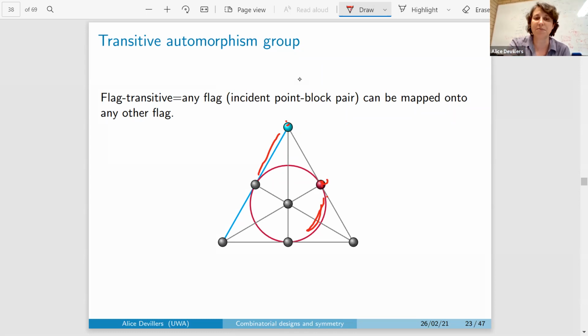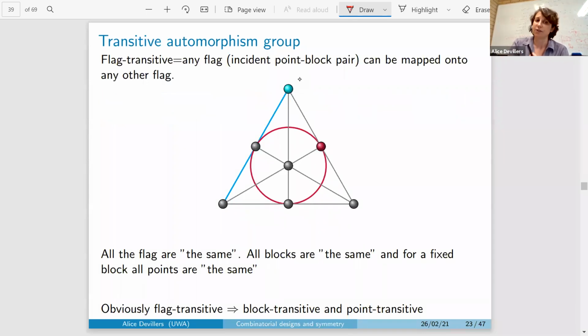That means I can map this line to this line, or this block to this block, and at the same time, this point has to go onto this point. So this is stronger than being block transitive.